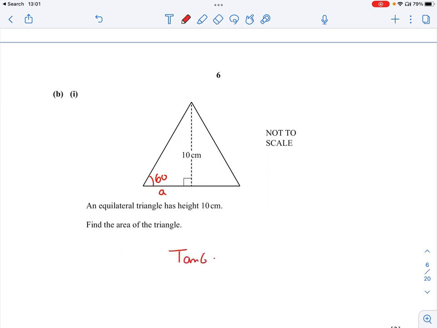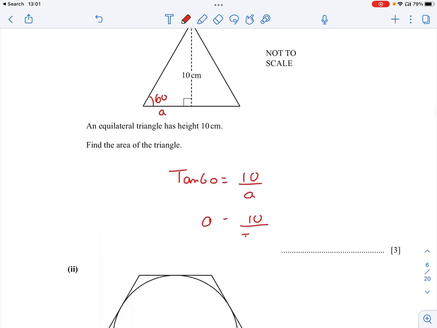Tan 60 equals opposite side 10 upon A. So A equals 10 upon tan 60. So that is 10 upon root 3. That is the side. But this also will be A. So the total side of the equilateral triangle will be 2A, so 20 upon root 3. Now what is he asking? What is the area of a triangle? Area of a triangle is nothing but half base into height.